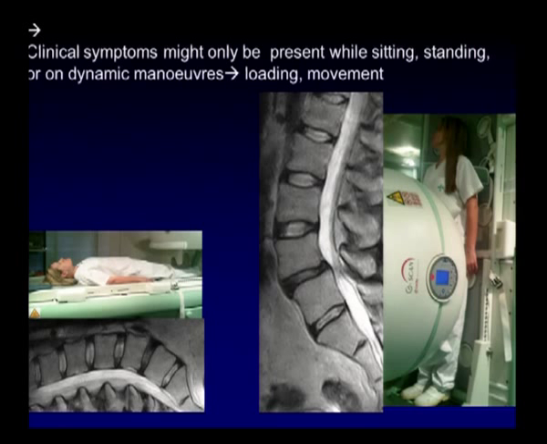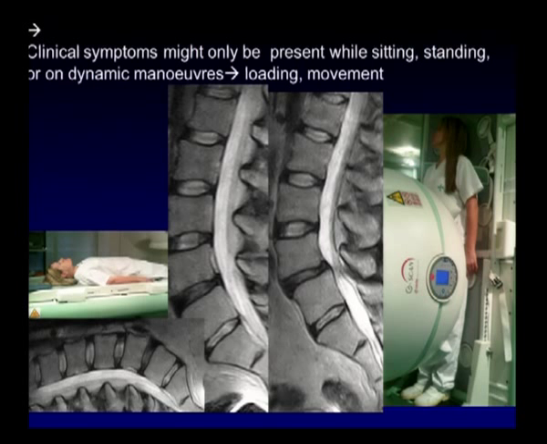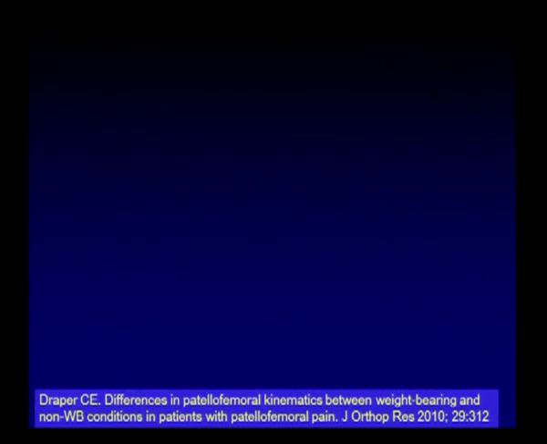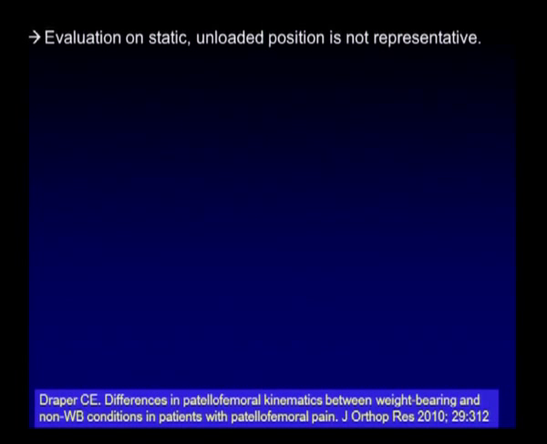We know that certain clinical symptomatology might be present only in certain stress maneuvers, either sitting, standing, loading, or performing several movements. So it is important that we compare, and things will be different according to how I perform the examination. The best way to perform the examination is to examine the patient at the moment that the patient has the symptomatology. That means performing a physiologic examination, because certain features might not be present in a static position.